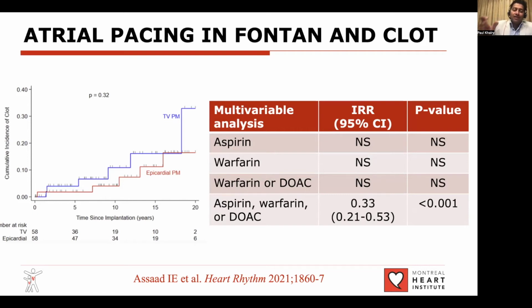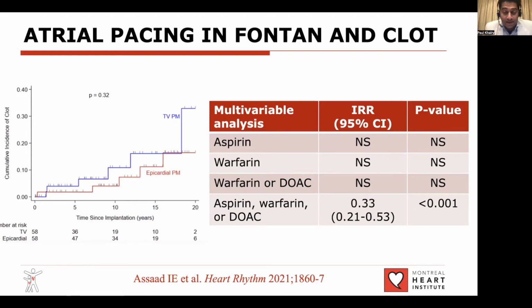When leads are placed in the systemic circulation knowingly and patients are anticoagulated, the risk for systemic thromboembolic events does seem to be lower than in non-anticoagulated patients. And I believe that the data from Boston looking at atrial pacing leads in the Fontan circulation are likewise consistent with this notion that anticoagulation has some effect, but that there remains an important residual risk.